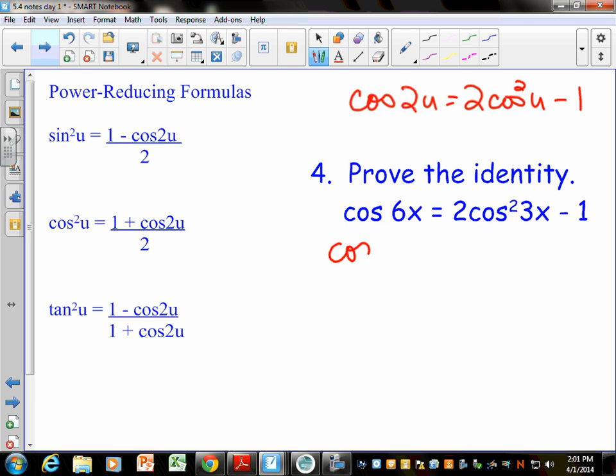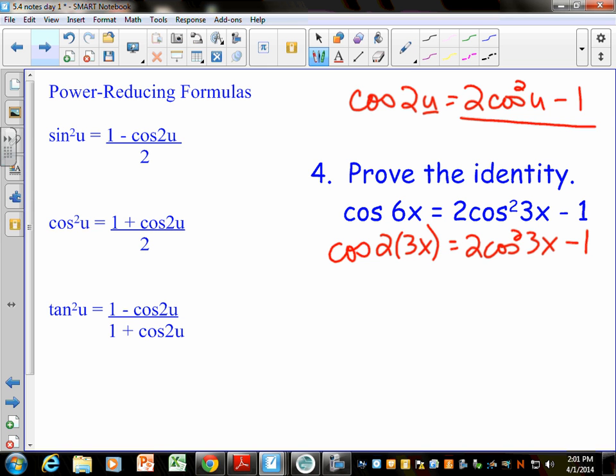I would write cosine of 2 times 3x, that's 2u, equals 2 cosine squared 3x minus 1. And the super great thing about having these formulas given to you is all you have to do is use that formula. If this is 2 times 3x, then you can just substitute that in.